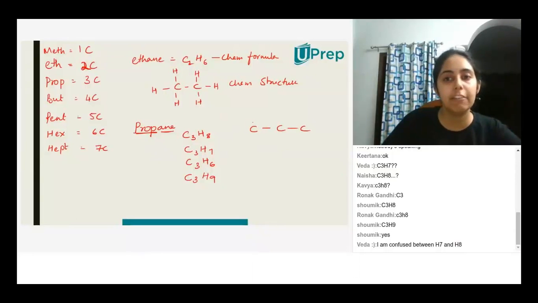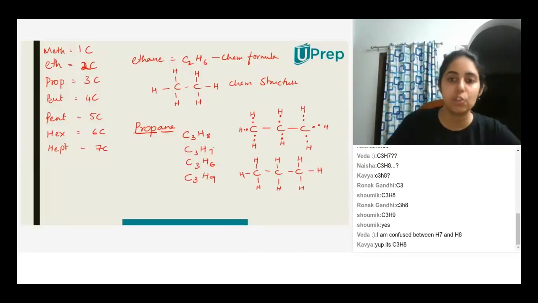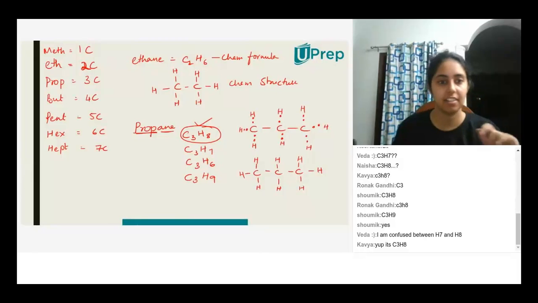Now, if I draw 3 carbons with single bonds, then this carbon has 3 electrons left, this carbon has 2 electrons left, and this carbon has 3 electrons left. So then I'm going to put hydrogens on each of them. So the answer is? Okay, ma'am. Okay.